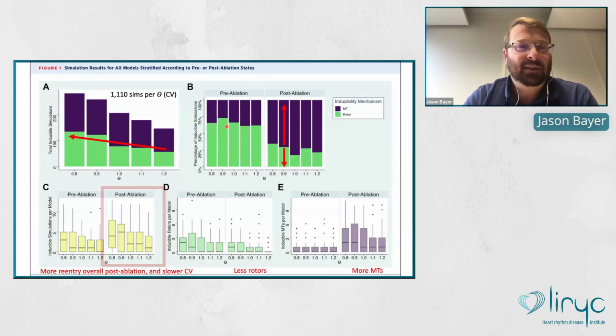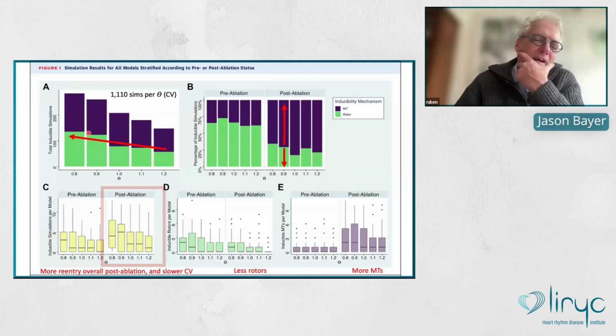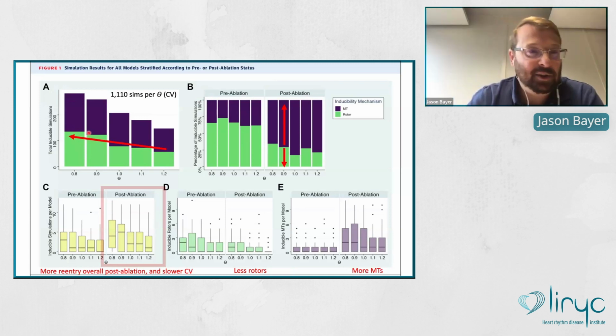This is slightly, yes. I actually added here, per each of the conduction velocities that they measured, there were 1,110 simulations total. So that helps me understand that, and I could do the percentage from that, but I don't know the pre and post. I actually did a double take when looking at this.